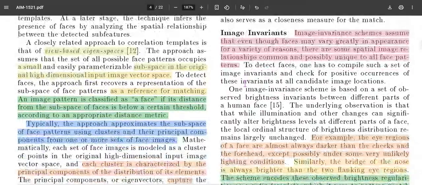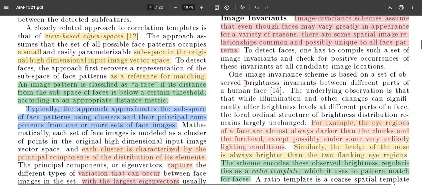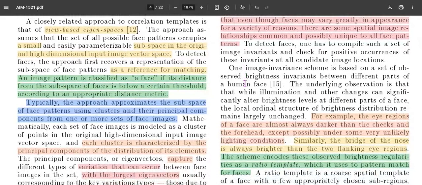Image invariants are related to handcrafted features. Even though human faces have different variations in color and shape, there are some standardized features existing among all faces.